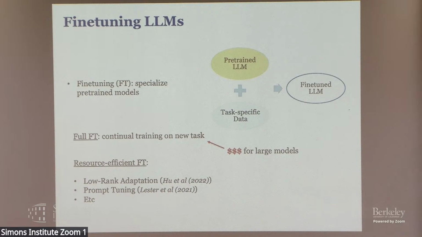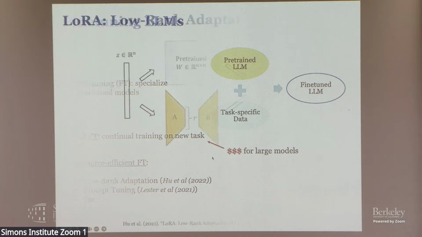You can just update small parts of the model and it will be better on that task. One of the most successful methods is called low rank adaptation. There are other ones like prompt tuning, but in this talk I'm going to consider only the low rank adaptation method.